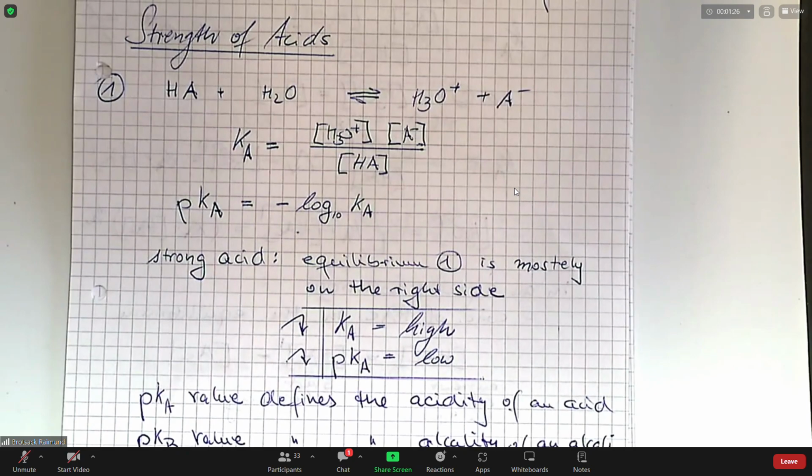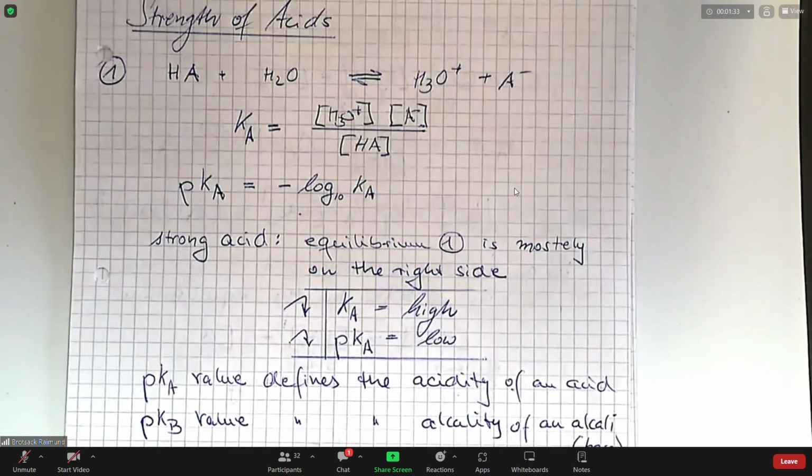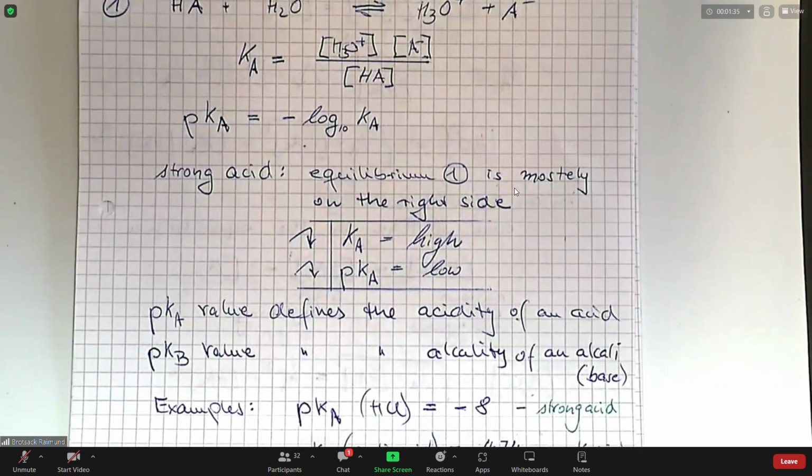So when we have a strong acid, the pH is directly related to the concentration of the acid, because this is equal to the concentration of the H3O+, or the protons, and the negative log of the protons is the pH.